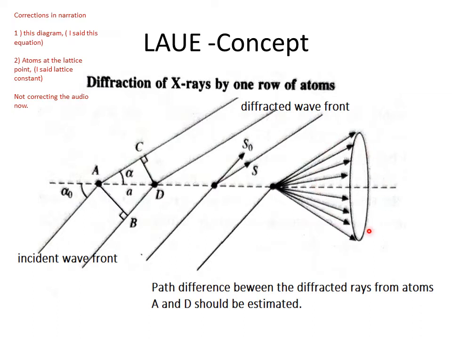So this cone indicates the condition for bright diffraction, or as per the Laue treatment, this cone indicates the diffraction condition. For a given value of alpha 0, we have got a cone in such a way that all the waves lying on the surface of the cone indicate the directions along which we will be able to get bright diffracted spots.